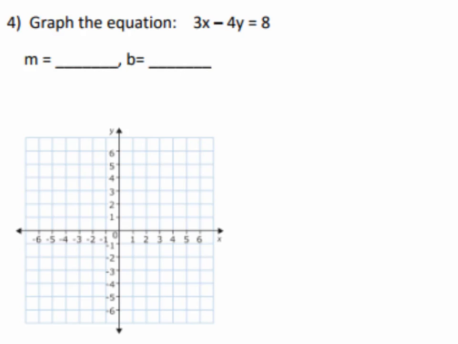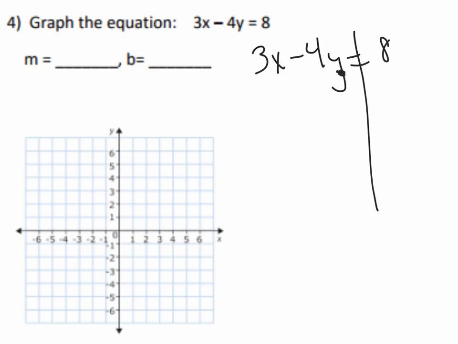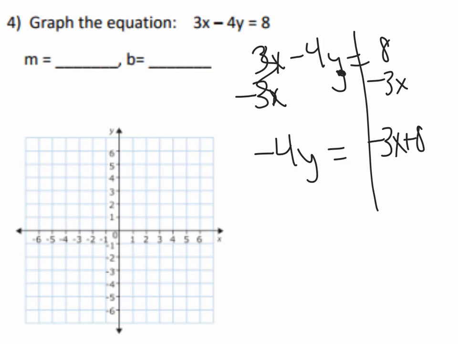Okay, so last example, we have graph the equation 3x minus 4y equals 8. So this one is not in slope-intercept form either, which means you have to get this in slope-intercept form. So to do that, you're going to solve for y. So the first thing we're going to do is subtract 3x, which will give us negative 4y equals negative 3x plus 8, where you could have 8 minus 3x.